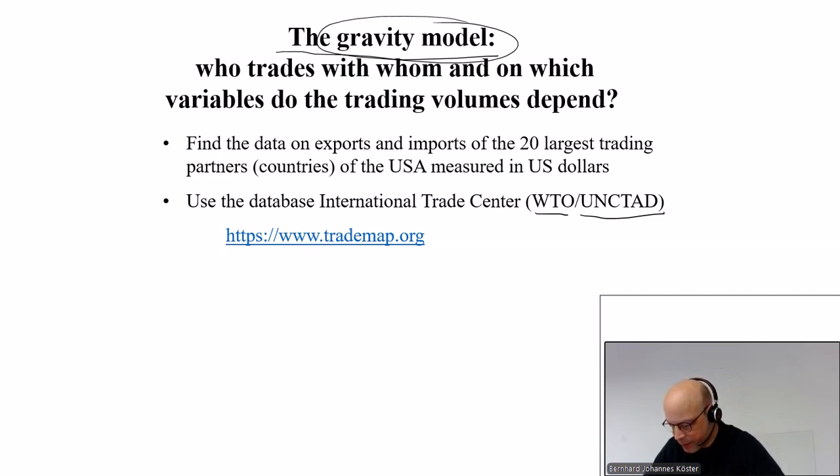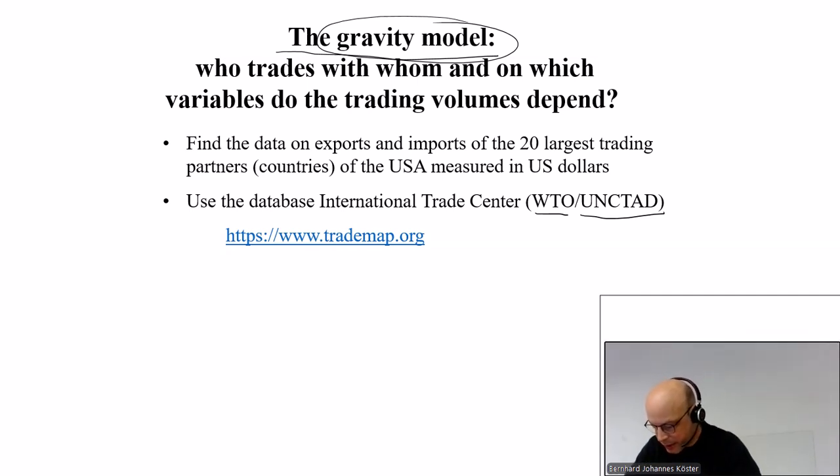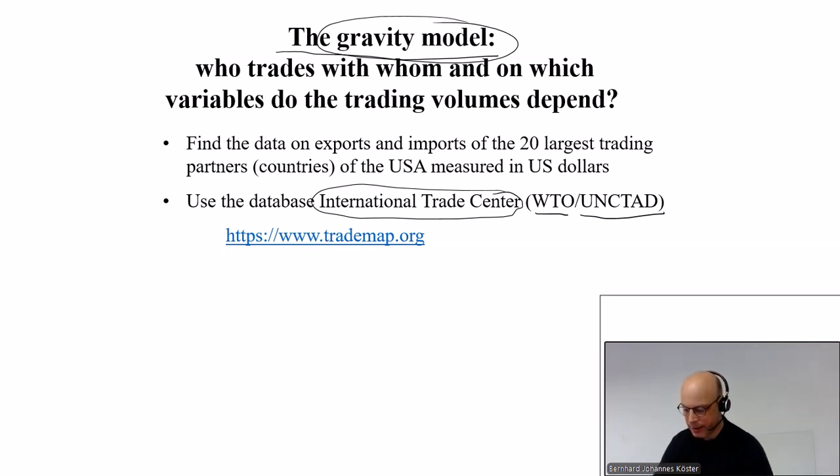Therefore, I gave you here the link of the International Trade Center. They take the data from the World Trade Organization and from the UN. So it is the same data, but it is a database where you can more or less directly work with the data after you have downloaded it.